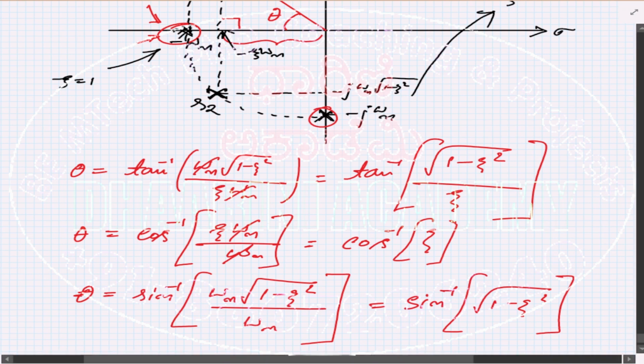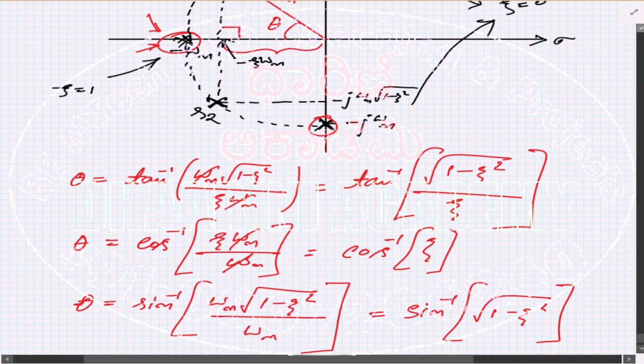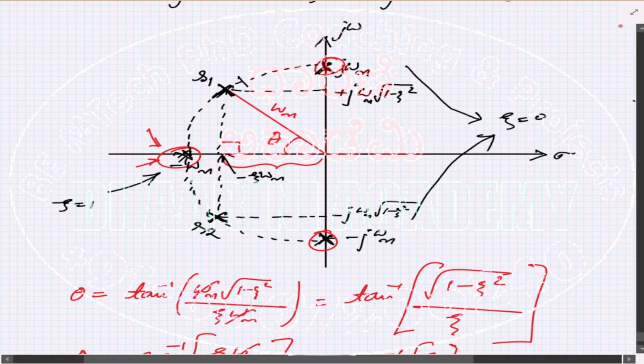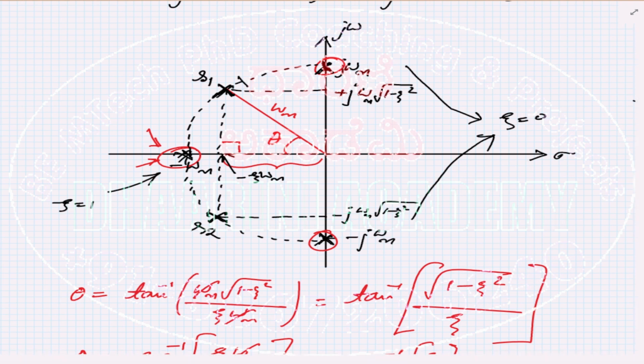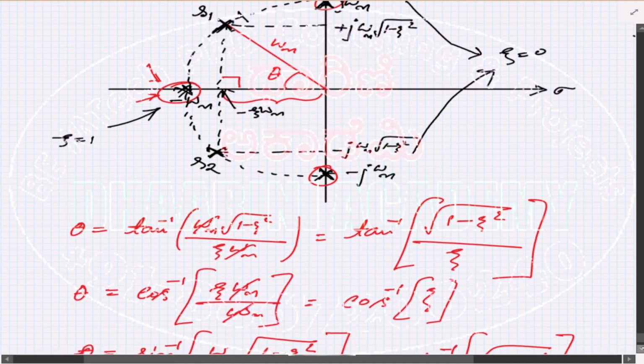Whenever you are considering a second order system, depending upon the zeta value, the poles will occupy different positions on the left hand side of the S plane. They trace out a semicircle on the left hand side. That's the first point. Second thing is we can write it assuming that the poles make an angle theta with respect to the x-axis. Theta can be found using these three different trigonometric ratios.